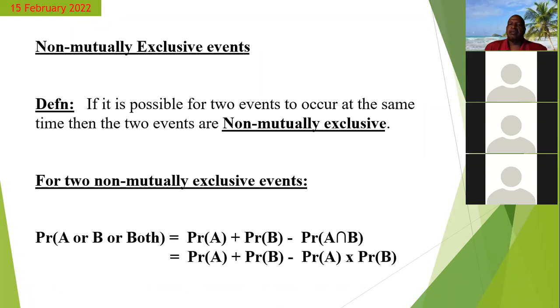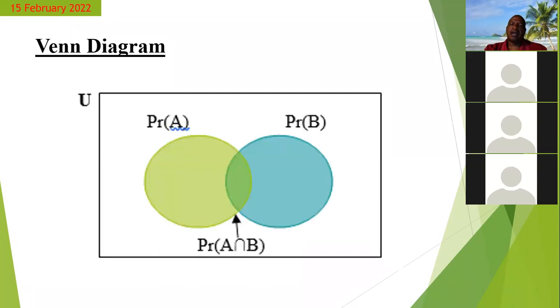So it's a non-mutually exclusive event. And from a Venn diagram point of view, you would have an overlap here, because you can have either the probability of A or the probability of B or the probability of A and B in the middle. That situation is what we refer to as non-mutually exclusive events.